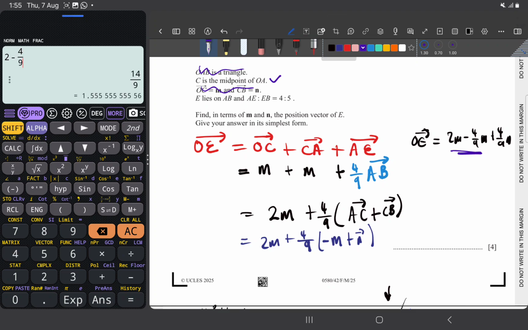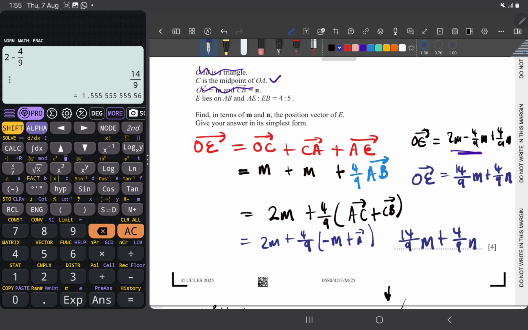What am I going to get? I am going to get vector OE is equal to 14 over 9 of m, plus 4 over 9 of n. This is going to be my vector. So it is 14 over 9 m plus 4 over 9 n.